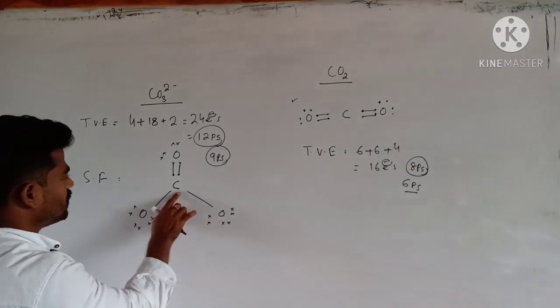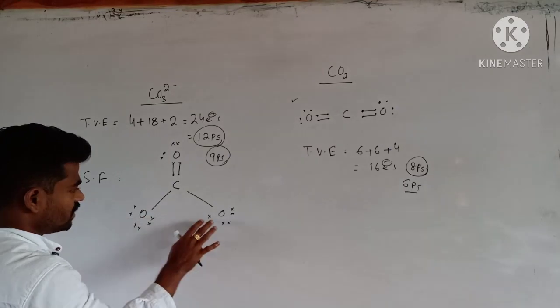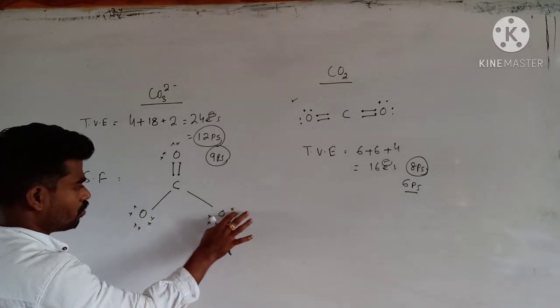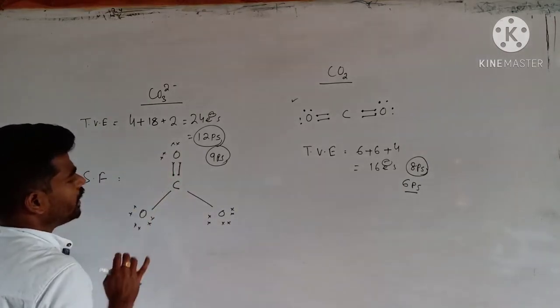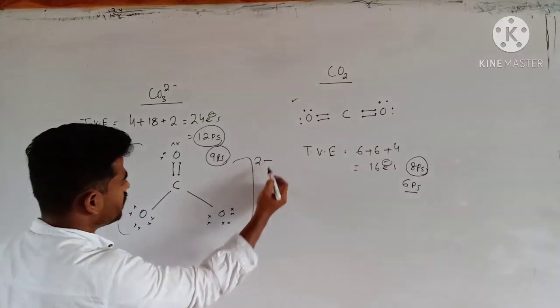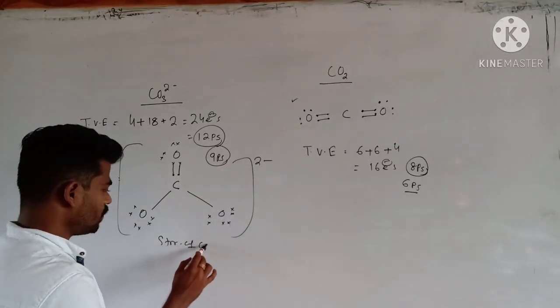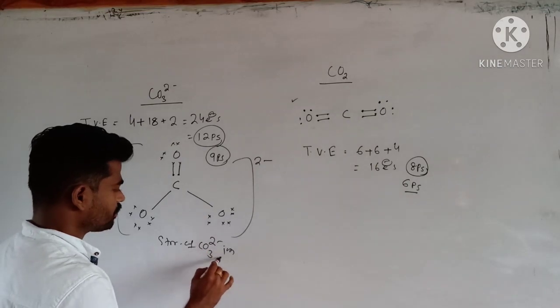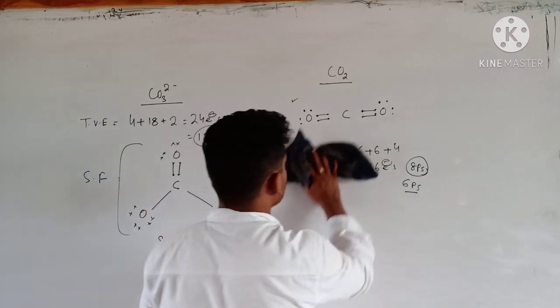Now you see this carbon is associated with 2, 4, 6, 8 electrons, and each oxygen also 8 electrons, 2, 4, 6, 8, 2, 4, 6, 8, and here also 8 electrons. But since these 2 oxygens get the negative charge, you can mention a 2 negative over here. So this is the structure of the carbonate ion. Clear?